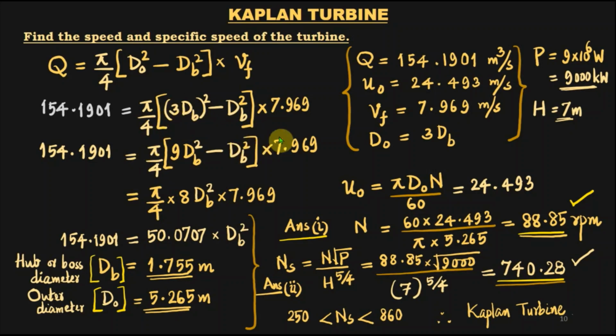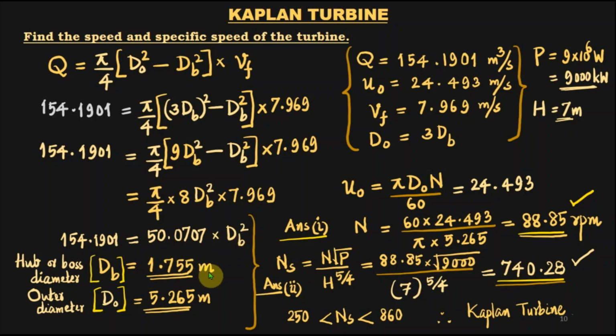If you simplify the right hand side, you will get pi by 4 into 9 dB square minus dB square into 7.969. So that is pi by 4 into 8 dB square into 7.969 is equal to 154.1901.